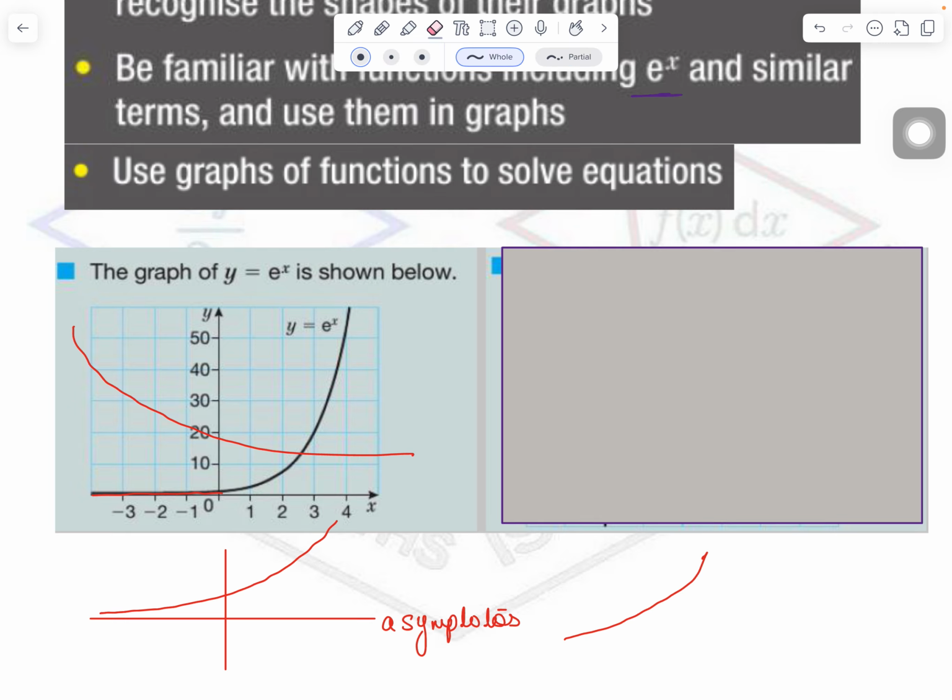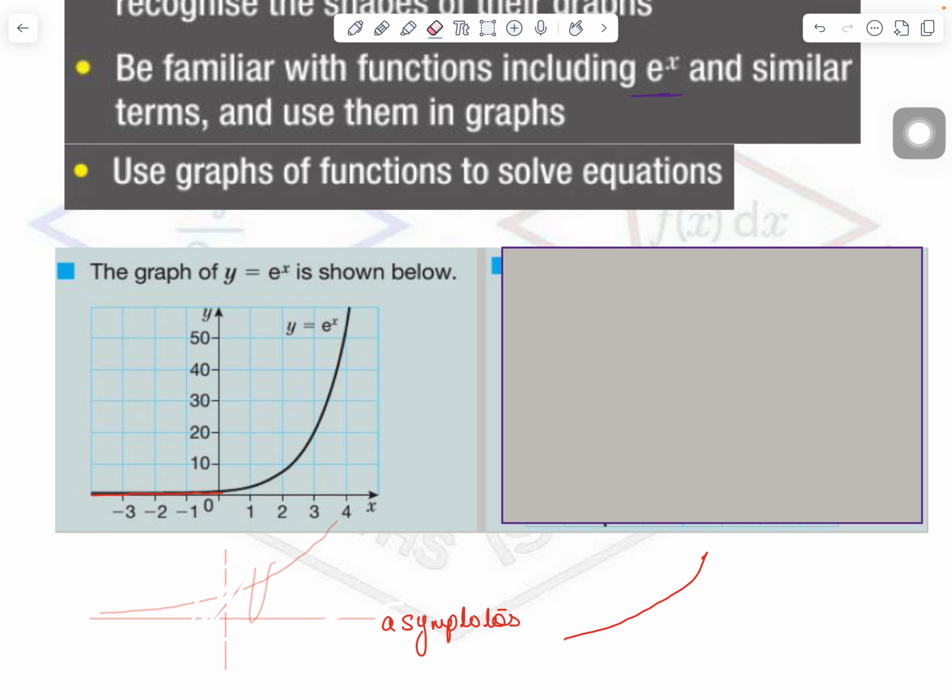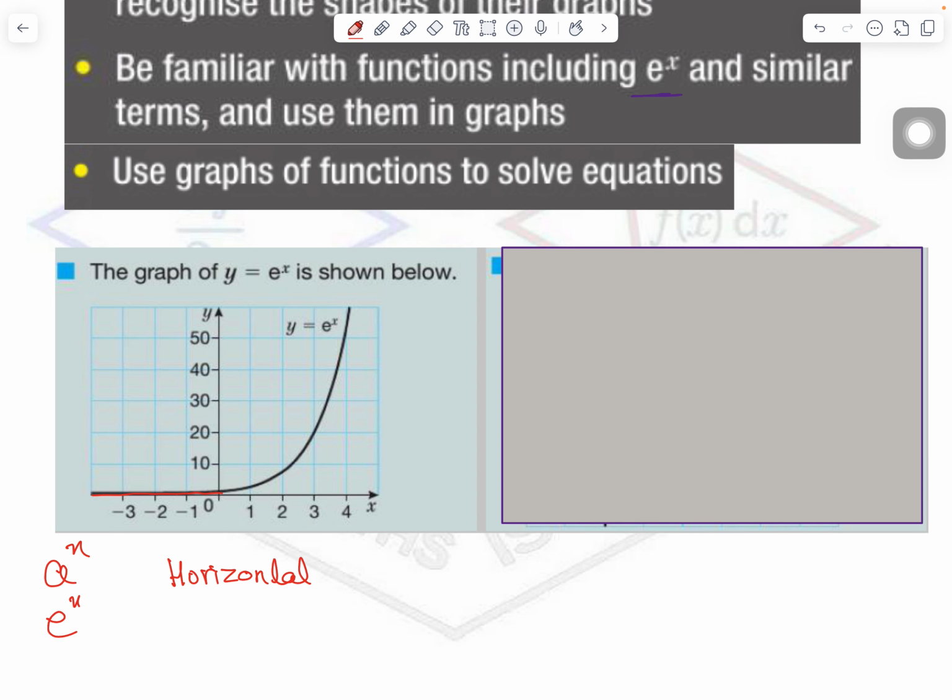So right now you just have to remember one thing, the shape of the exponential graph. So it could be 2 power x, 3 power x, e power x. The shape will remain same. And you will always have horizontal asymptote. So you can make a note here, horizontal asymptote when you have a function like this, e power x, 2 power x, horizontal asymptote.